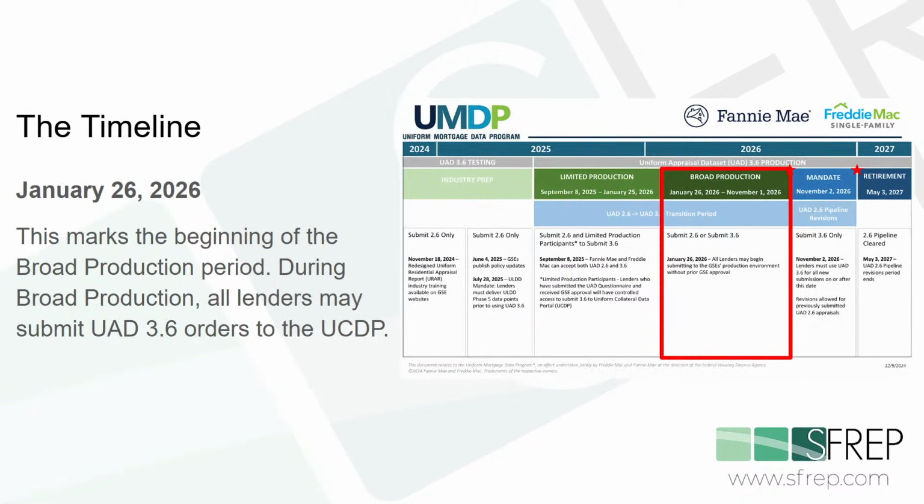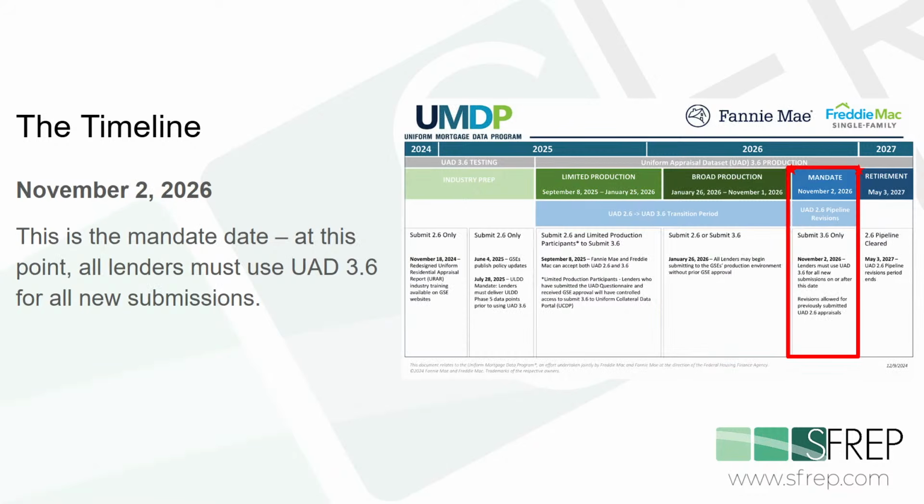The next date is January 26th of 2026, running from there through November 1st of 2026. That's going to be what's called broad production. That's the ramp up. That's when they're going to start issuing these UAD 3.6 reports more and more. You'll still have UAD 2.6 reports getting issued and sent in, but they're going to really start switching everything over to UAD 3.6.